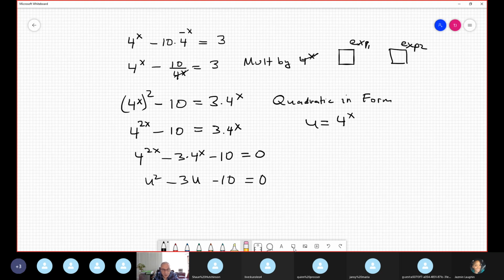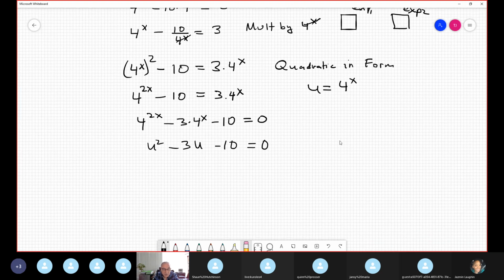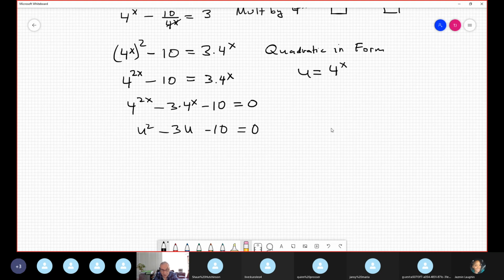In this moment, we have a quadratic equation. Super easy, solving by factorization or quadratic formula, either way. In this case, by factorization, the combination is 5 and 2. 5 times 2 is 10, 5 minus 2 is 3, negative 5, positive 2. Okay. Now u equal 5 is my first solution, and u equal minus 2 is my second solution.